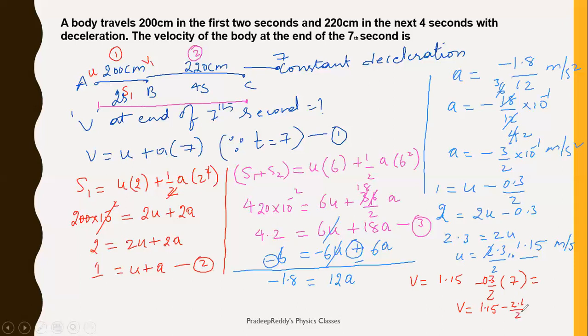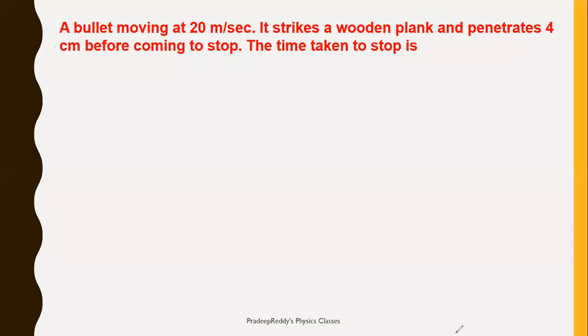This is 1.15 minus 1.05. Final velocity will be equal to 0.10 meter per second. This is the final value for velocity after 7 seconds.